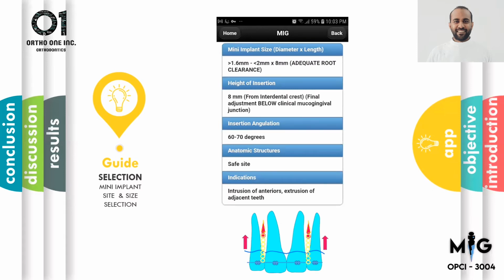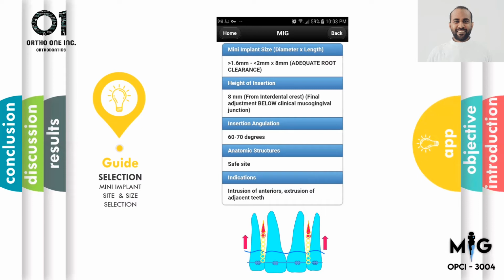In the results, the app suggested that I use a screw of 1.6 diameter, and the length should be around 8 millimeters, and also highlighted that there is adequate root clearance for me to place the mini screws. And the angulation for placement of the mini screw is 60 to 70 degrees, and there are no anatomic structures like the nerve or the artery involved.